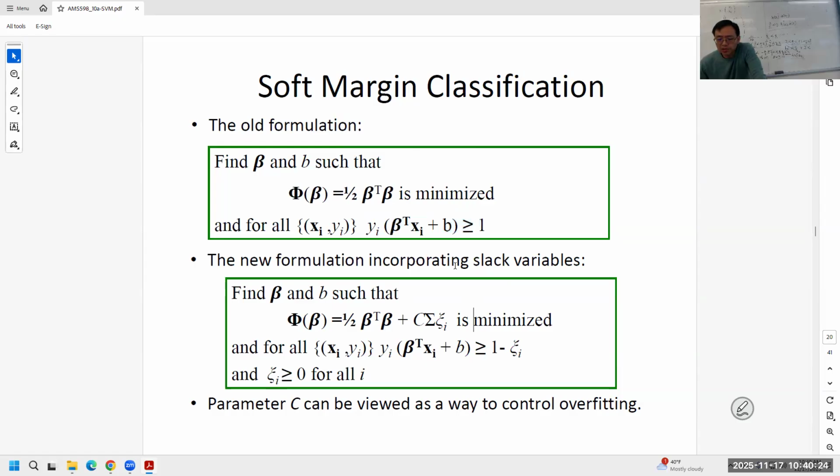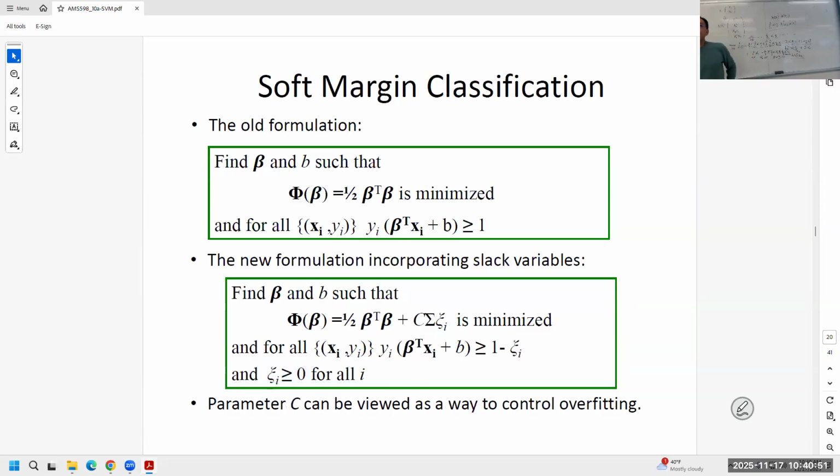Now, in the new formulation, I'm still going to minimize beta transpose beta, but I'm including another variable psi_i for each point, such that y_i times (beta transpose x_i plus b) has to be bigger than or equal to 1 minus psi_i, and psi_i has to be bigger than or equal to 0 for all i.